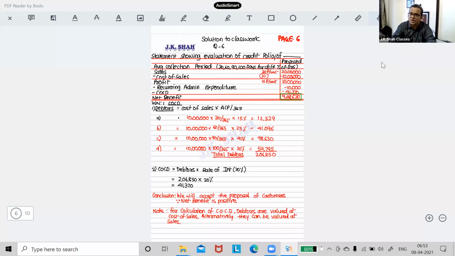Yeah, people. Done. Absolutely understood. So what was the new point over here? The new point was about the different credit period in the same plan. Got it?